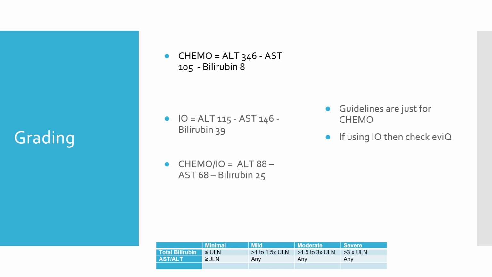So if we went to adjuvant nivolumab and looked at the management of immune-related adverse events, her ALT is 115, divided by 50 is 2.3 times the upper limit of normal, and the AST is 146 divided by 35, which is 4 times the upper limit of normal, and her bilirubin was abnormal. So we wouldn't be looking at our chemotherapy guidelines, we'd be looking at our immunotherapy management guidelines.